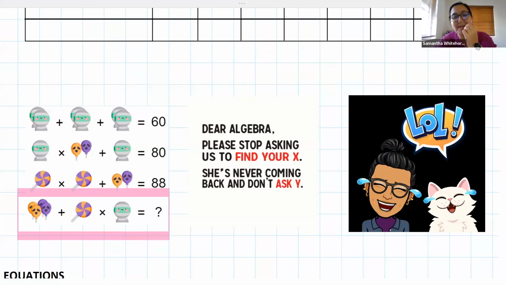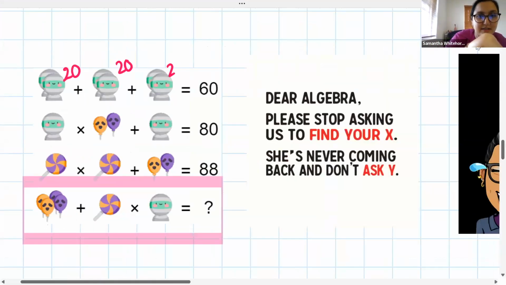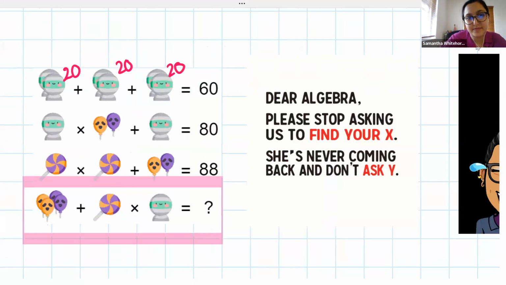Ma'am, the first one is 20 plus 20 plus 20 equals 60. Perfect. The second one, it's one snow globe. Then it's going to be 10. Good. 10 times 7 plus 10 equals 80. Nice.